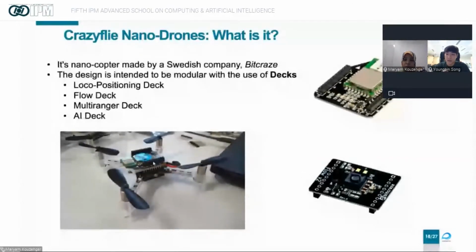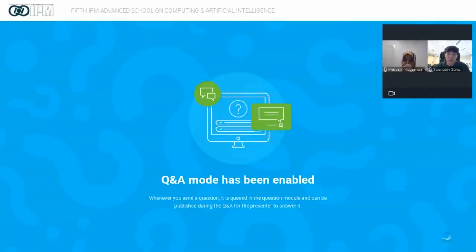These are some examples of the decks that are more commonly used, except for the last one. For instance, the local positioning deck detects the positions of the drones within the boundary which you've set. More on that later.